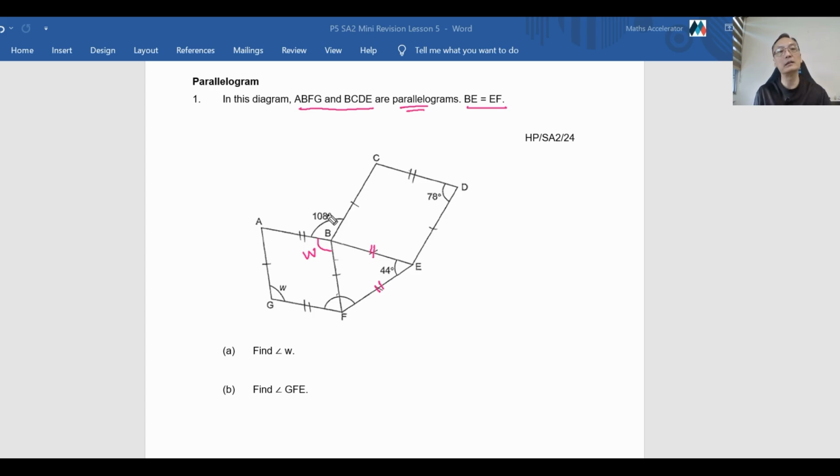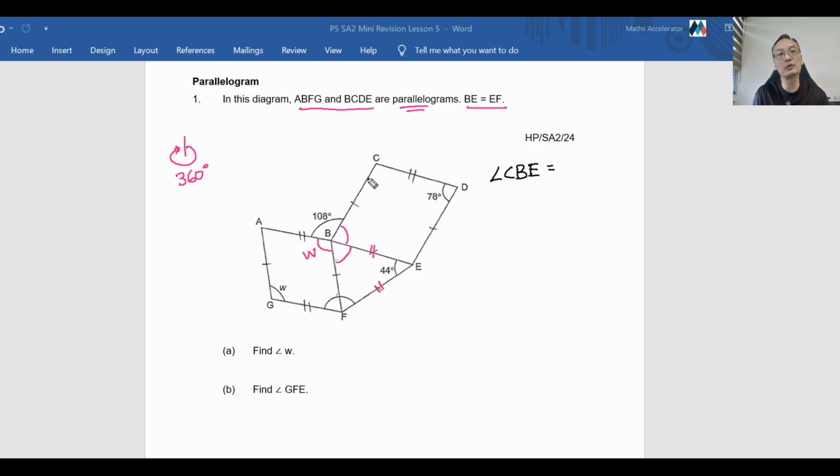Now angle W and these three other angles will form a sum of 360, because of the property that angles at a point give us 360 degrees. So if we are able to find these two angles, then we should be able to calculate the size of angle W. Let's talk about the first one, which is angle CBE.